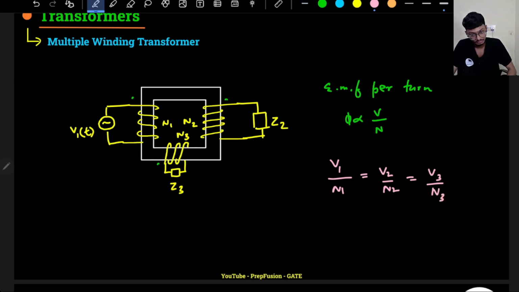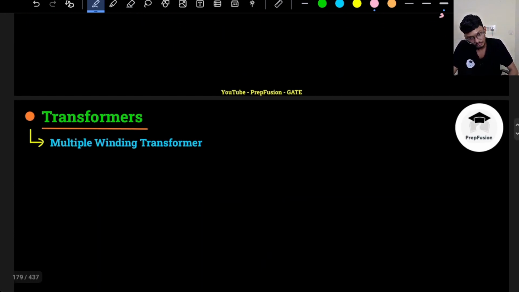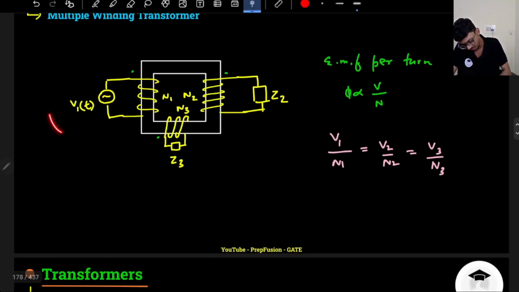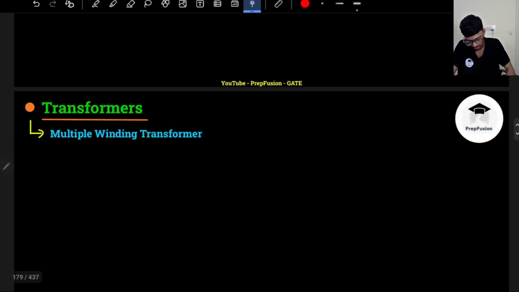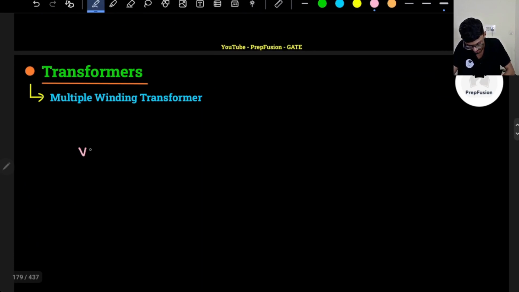Okay, but for current you have to balance the MMF. One more thing I want to discuss for a multiple winding transformer is the power. If I have connected an input here, there is no other source, right? So this will supply all the power. The apparent power delivered by the source is V1 into I1 star conjugate.